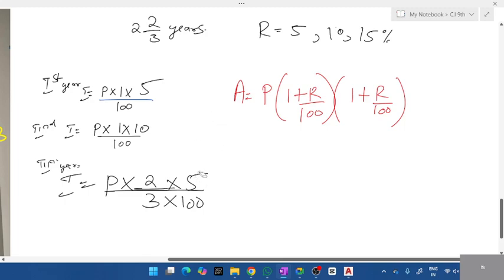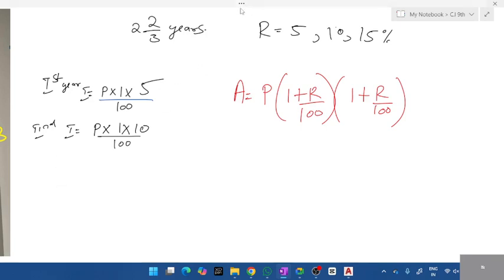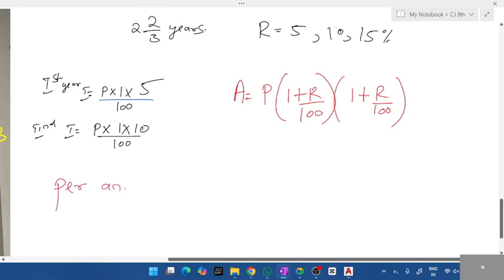Okay, fine. See, 2 by 3 years, all this is done, students. All this is for one complete year. Whatever concept I explained now is for per annum, for one full year. If it is semi-annually, what do you mean by semi-annual? How many months do we have in 1 year? Well, 12 months.